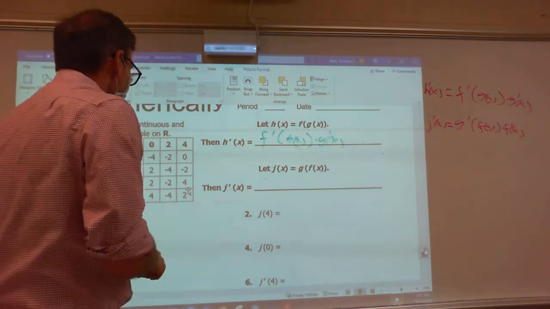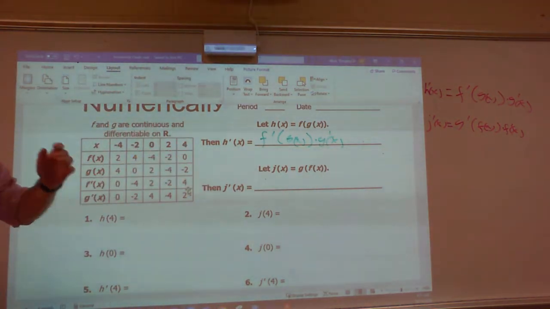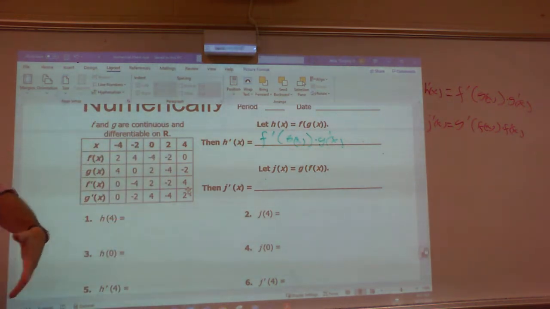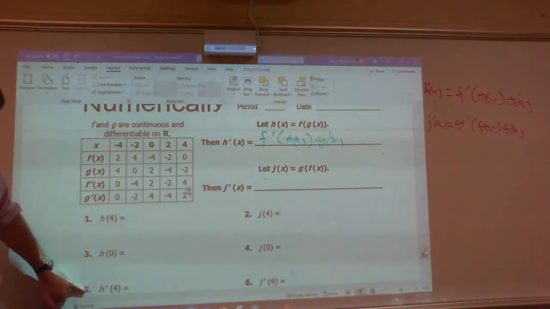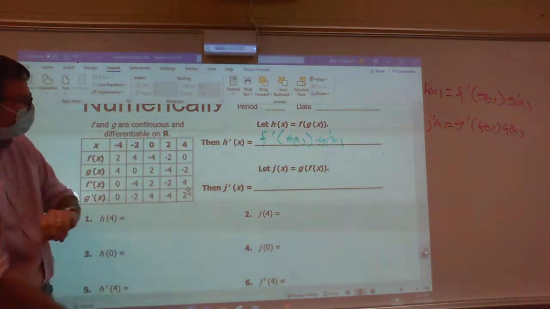Okay. All right. So I'm not going to do all of these because you'll have to do some of these. But I'll actually do problem 1 and problem 5, and then that's going to be the example of how to do the rest of this section.